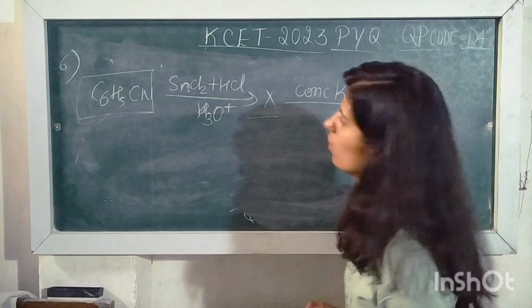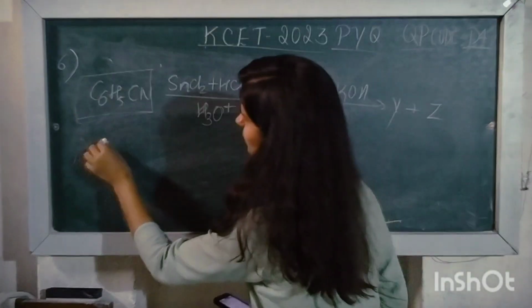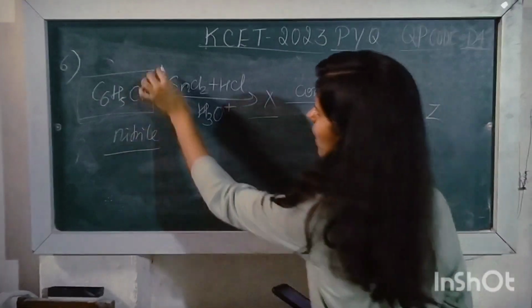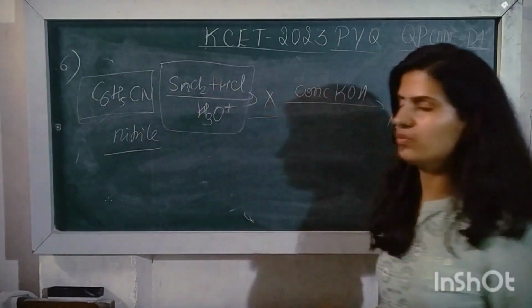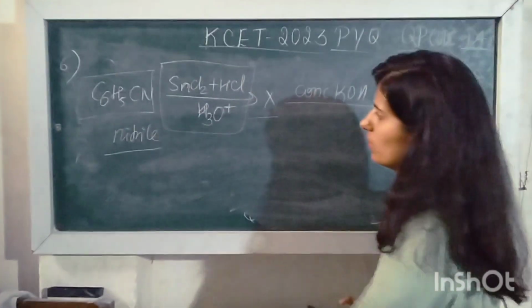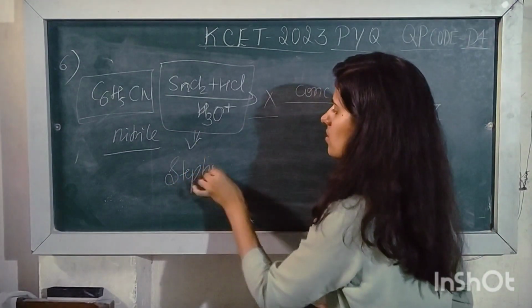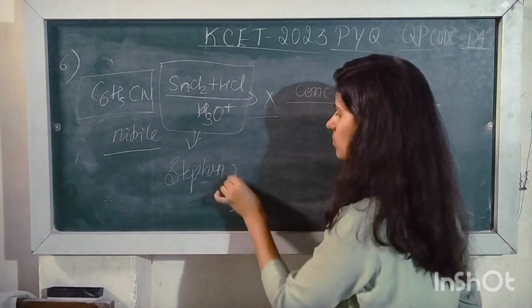So we know that this is a nitrile group, right? When nitrile reacts with this reagent, we know that it is undergoing the Stephen reduction reaction.